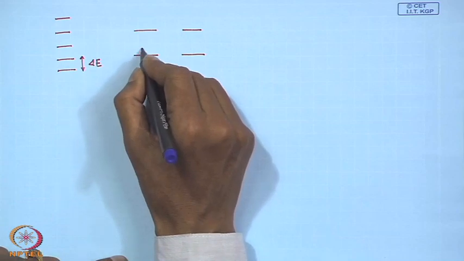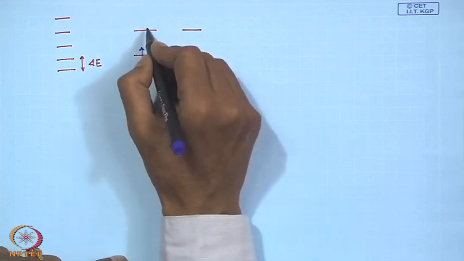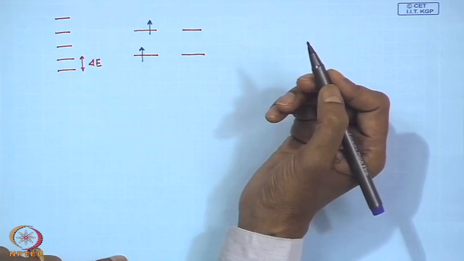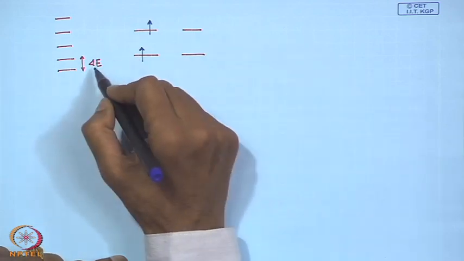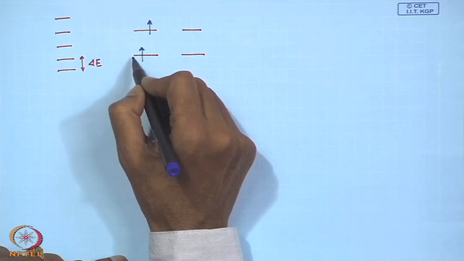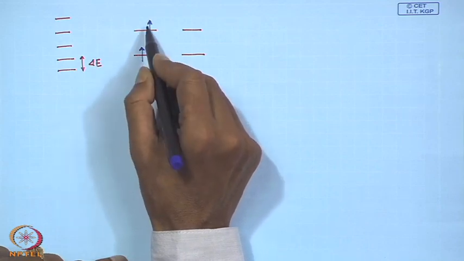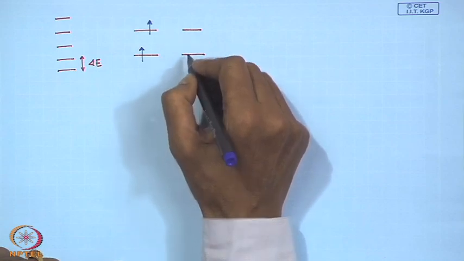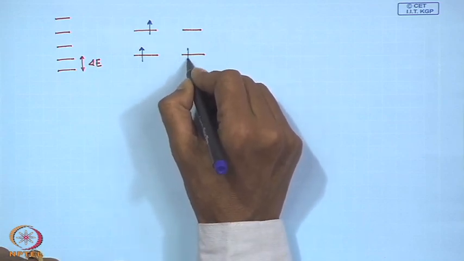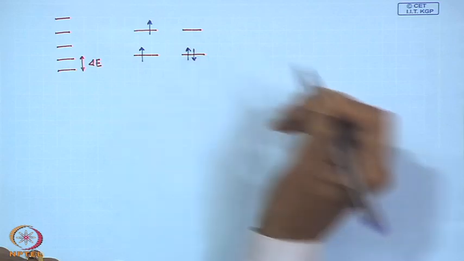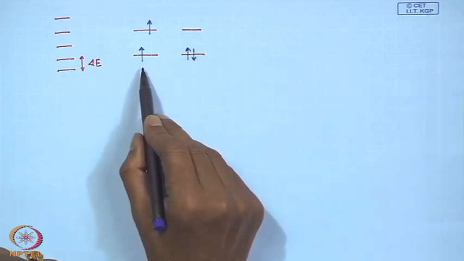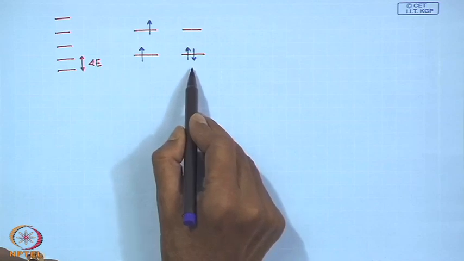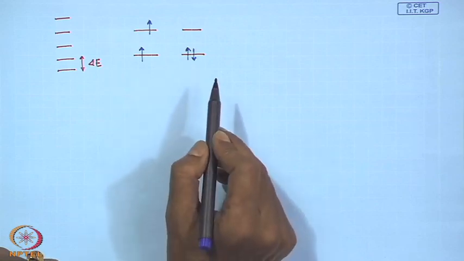In one case, for ferromagnetic interactions, we can have the two unpaired electrons in two different orbitals, and this delta E value is small, so that we can push the second electron to the other level. But when this value is large, we basically get the pairing of these two electrons. So, the first one can be considered a ferromagnetic interaction, and this can be considered an antiferromagnetic interaction.